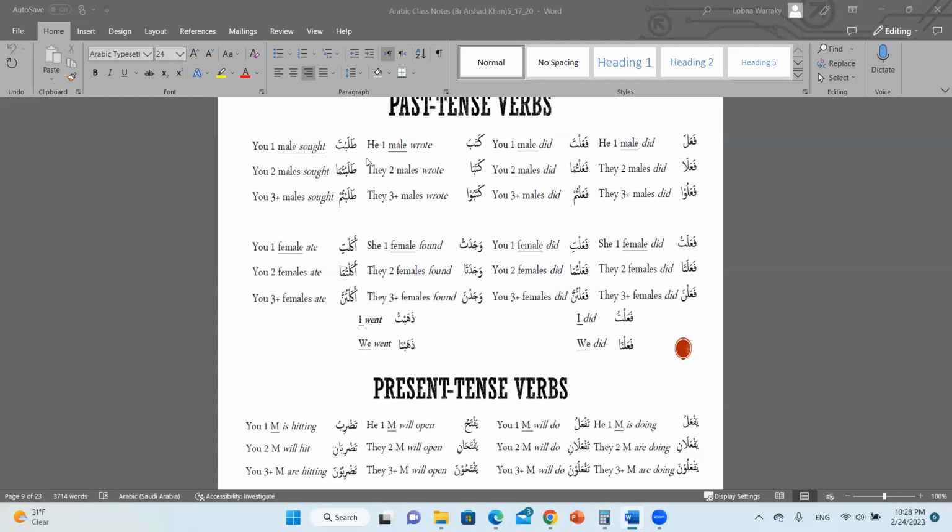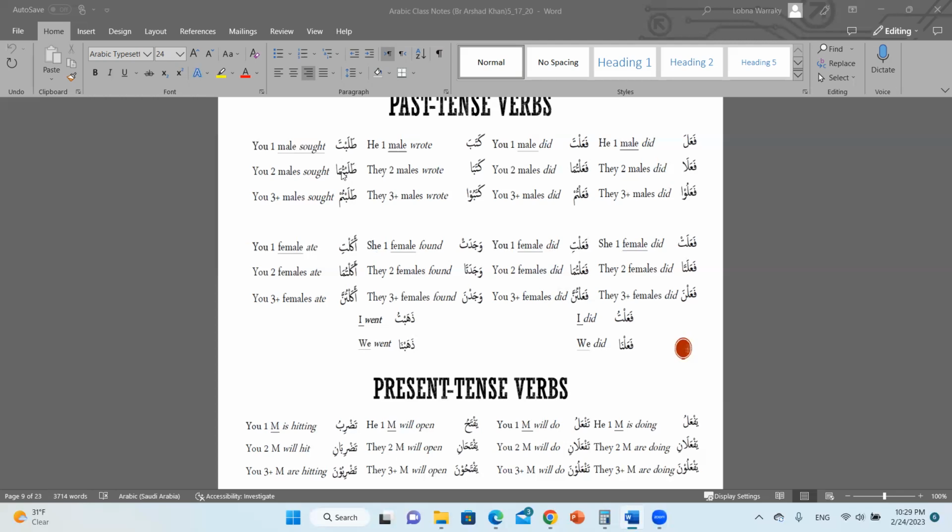Now you see talaba, if you want to say you sought or asked for something. If I say talabtu as-sukkar, I asked for sugar. Say talabta, you asked or you sought out. Talab al-ilm, seeking knowledge. So talabtuma, both of you sought out knowledge. Now this can be male and female.